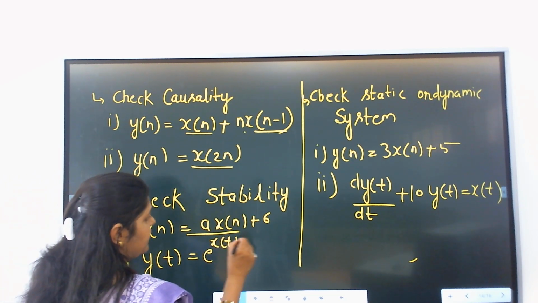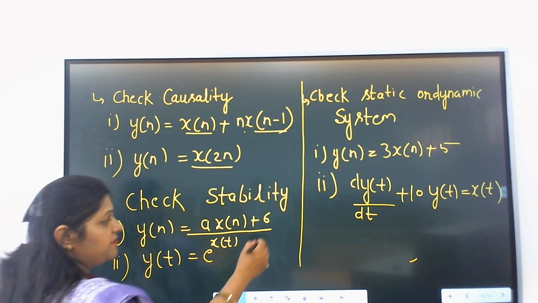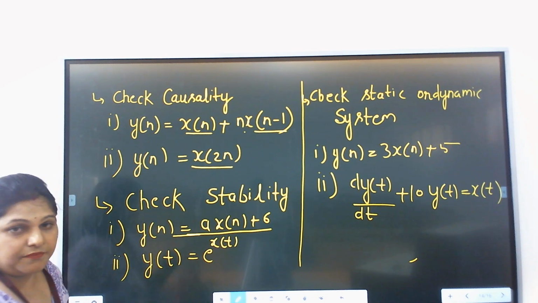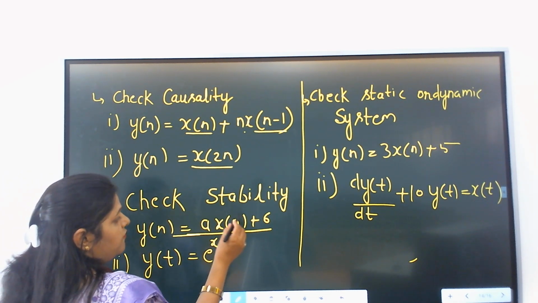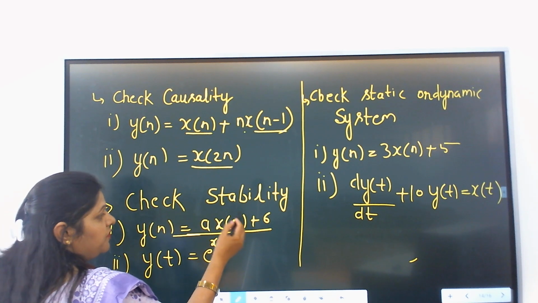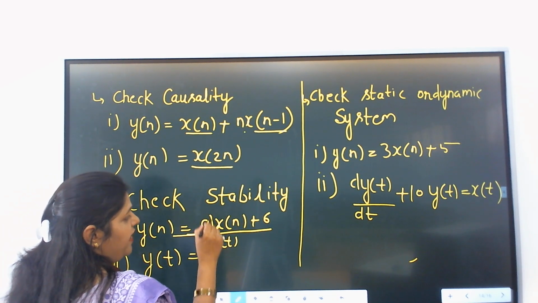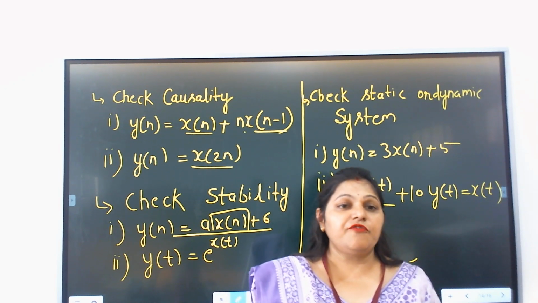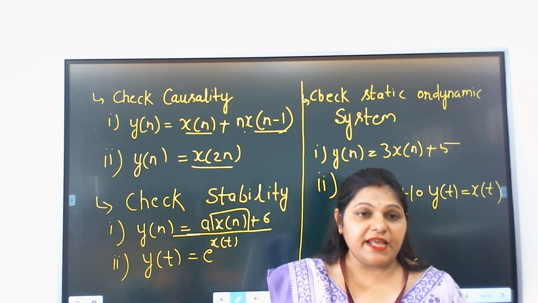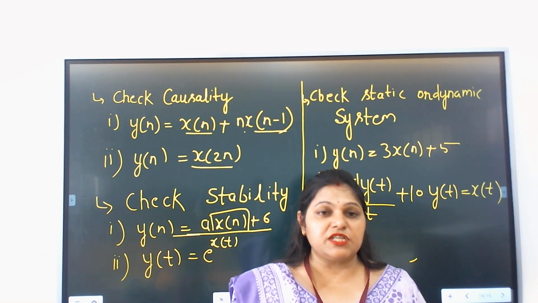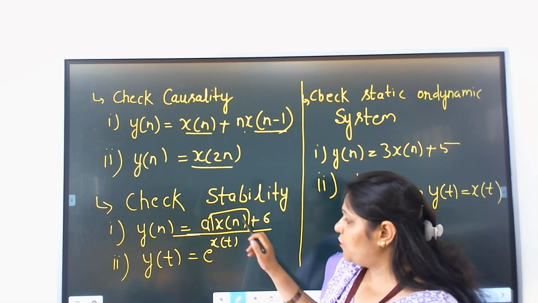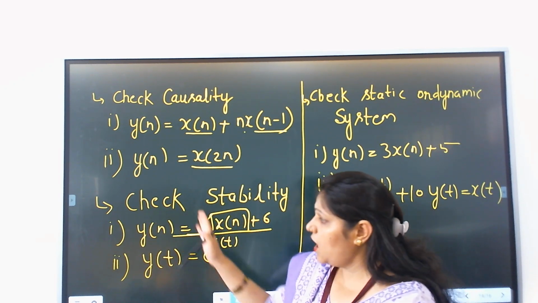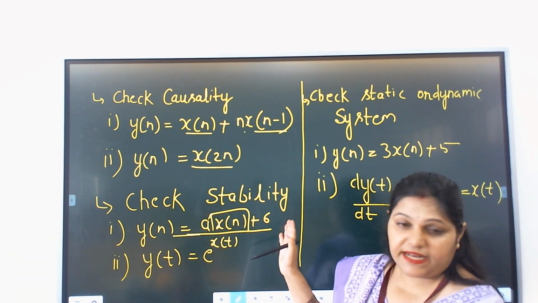Next is y(n) equals a x(n) plus 6. Is this system stable or unstable? This is a stable system. How? When we put in any value of x(n), we find a bounded output. What is stability? When bounded input produces bounded output, it is called a stable system.